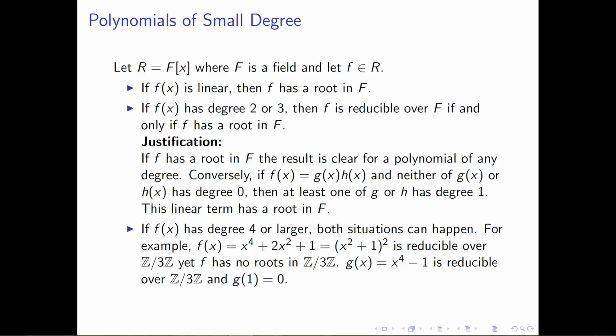If I have g of x to be the polynomial x^4 - 1, that's definitely reducible over Z mod 3. 1 is a root of that polynomial. So you do have a root, and it is reducible. But in the previous example, we did not have a root, but it was still reducible. So you can have reducible polynomials that need not have a root in that ground field, which I guess is perhaps the more interesting of the two situations.